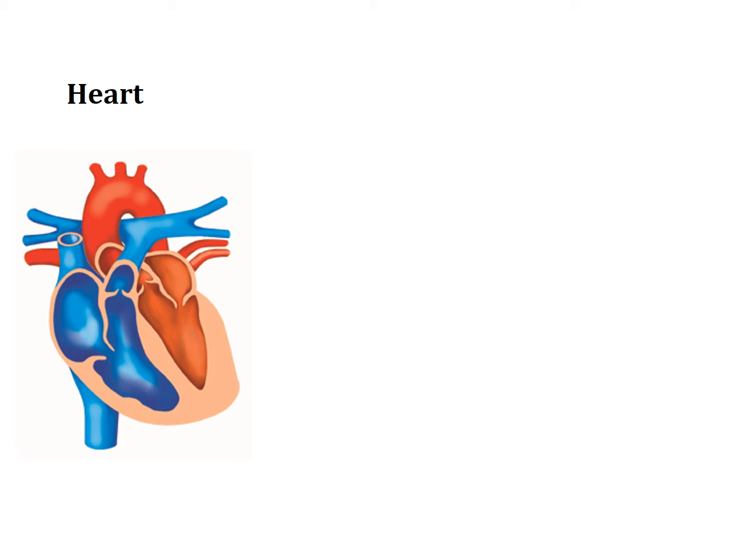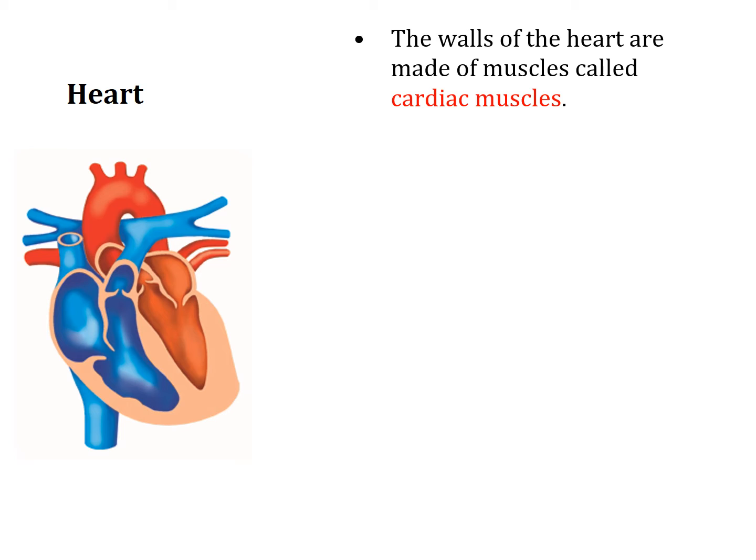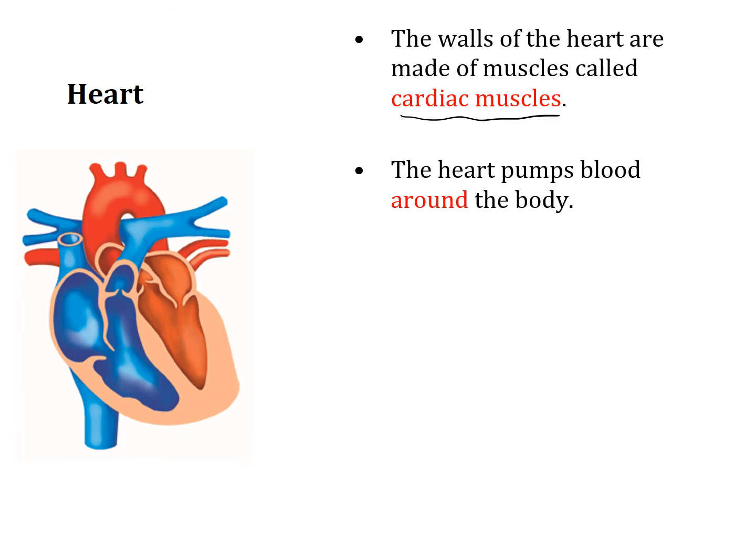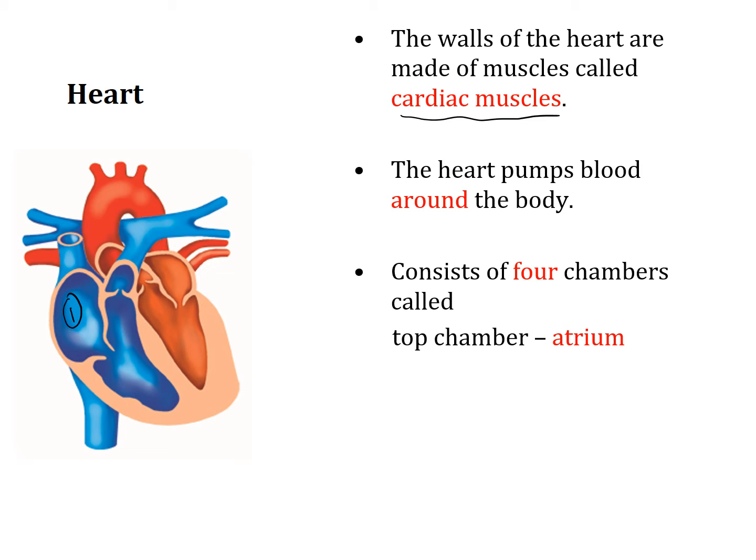Now, next, another component of the circulatory system is the heart. The heart is made up of cardiac muscles, and the heart muscle helps to pump the blood out of the heart so that the blood can be transported around the body. And we must know that the heart has 4 chambers. As you can see from the picture here, the upper chambers, which I label as 1, are called the atria, and the lower 2 chambers are the ventricles, which I label as 2 here.